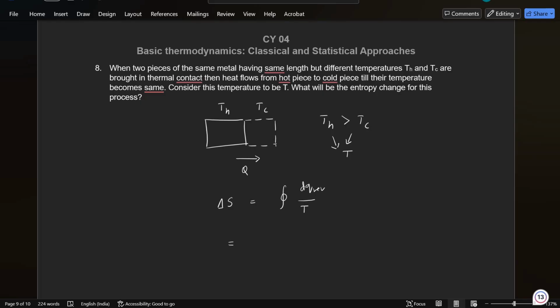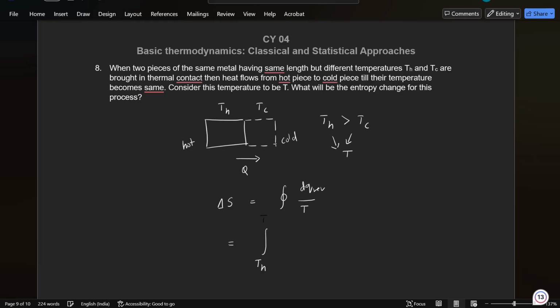So how many processes are here? One is hot, one is cold. So what processes do we have? Again, two processes, right? TH to T and TC to T, correct? Yes, sir. Since it's the same material, the heat capacity Cp is going to be the same. First, I'll write it as TH to T is going like this.